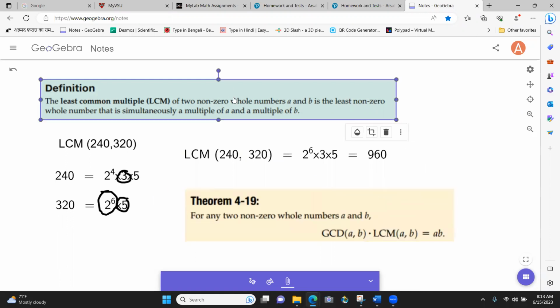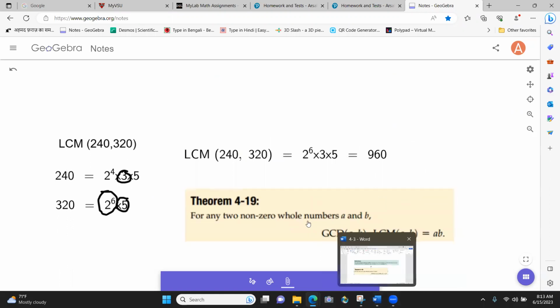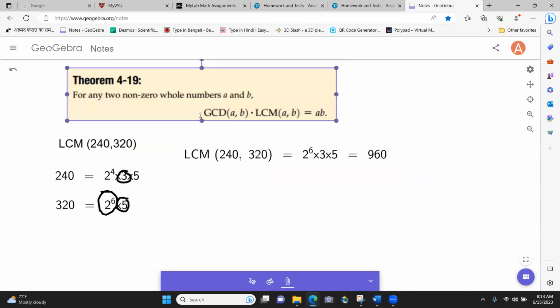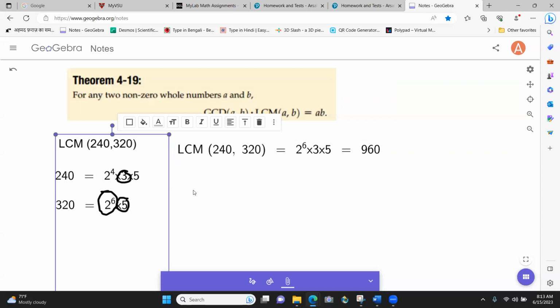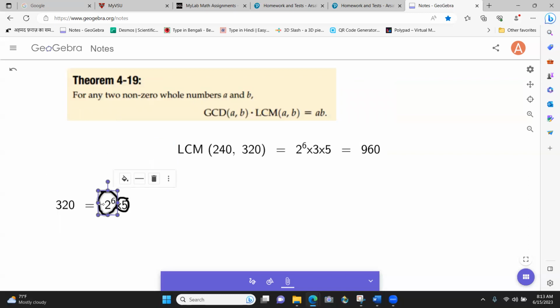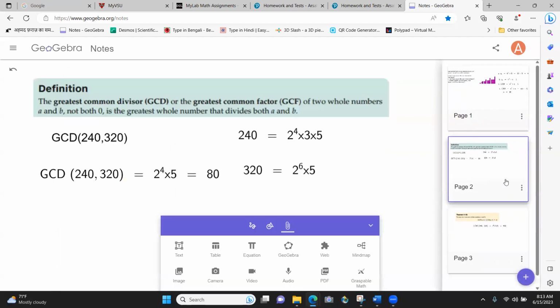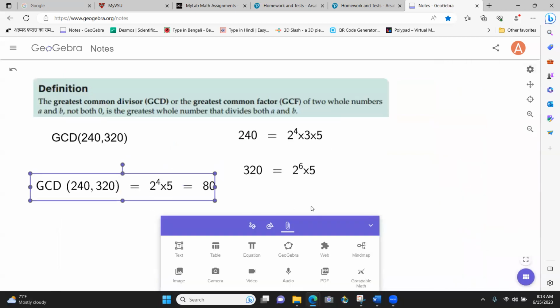Okay, so here's the property. Let me show you something interesting, okay? I'm going to tell you what it means in a second. So from the previous slide, I'm going to get GCD.